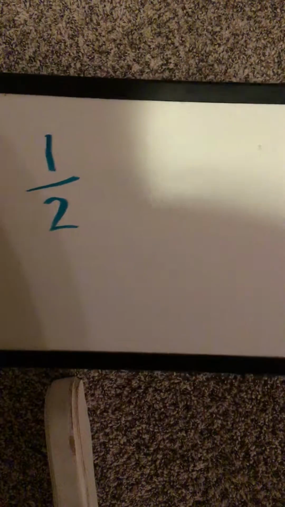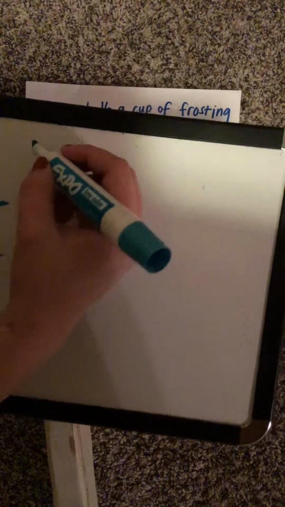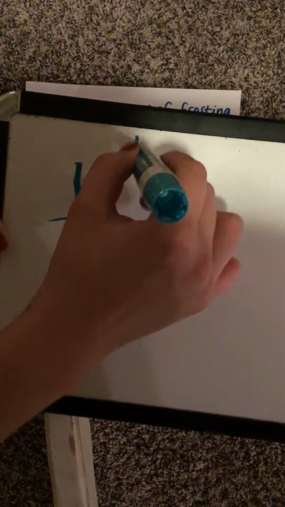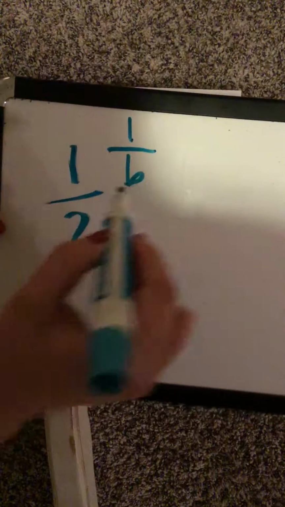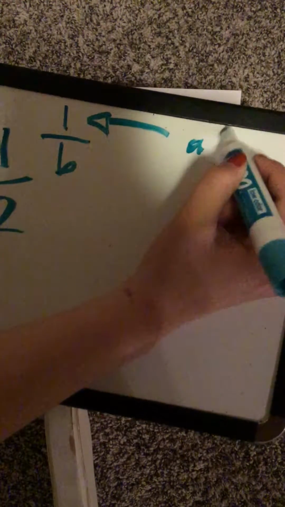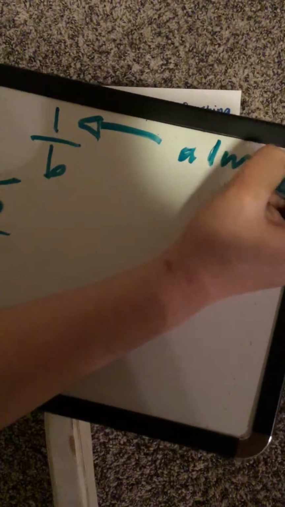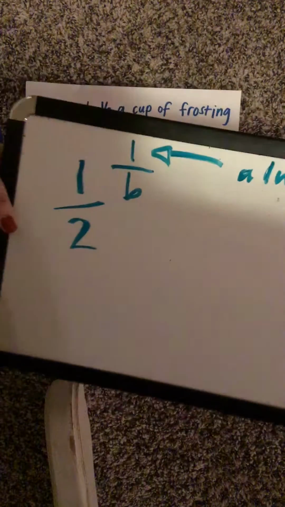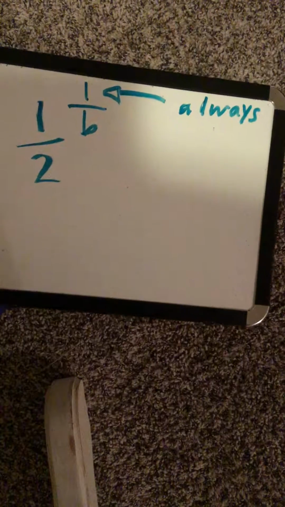The definition of a unit fraction is 1 over any number, 1 over b. A unit fraction always has the number 1 on the top. And unit fractions are the building blocks of all fractions.